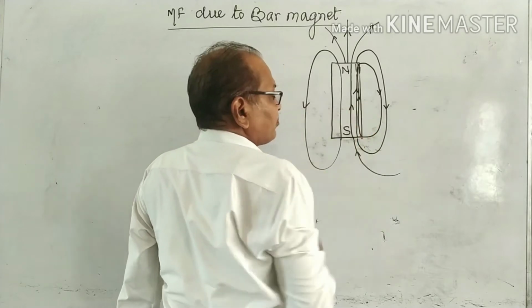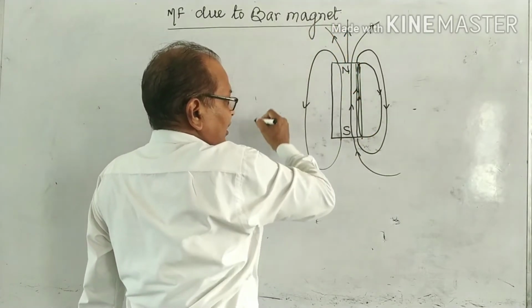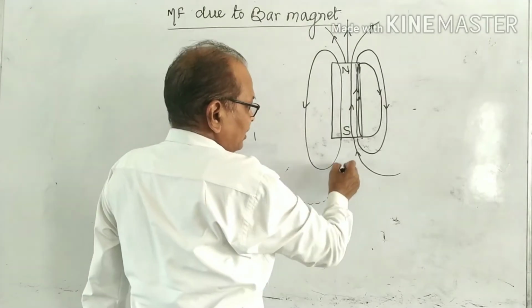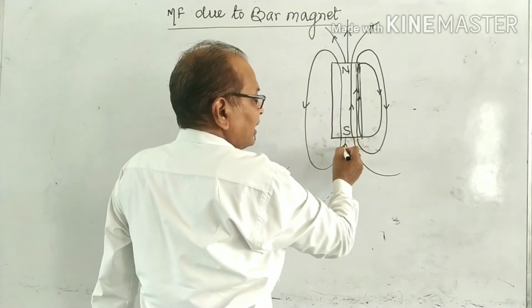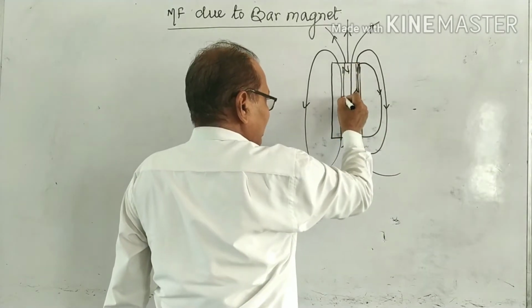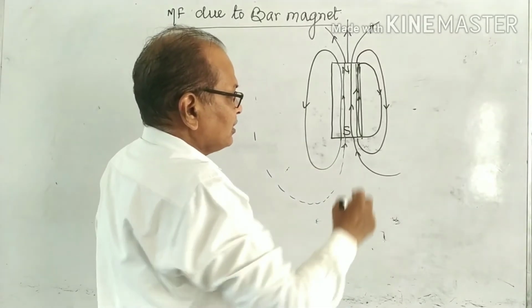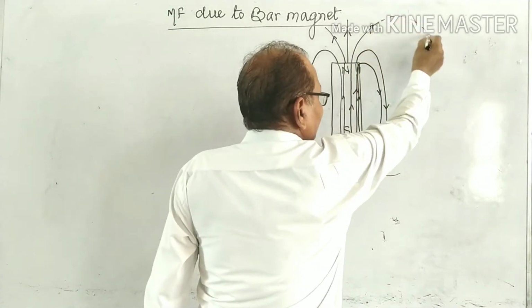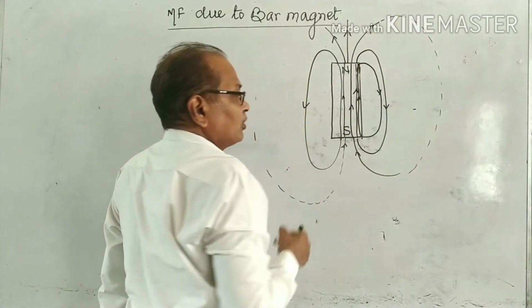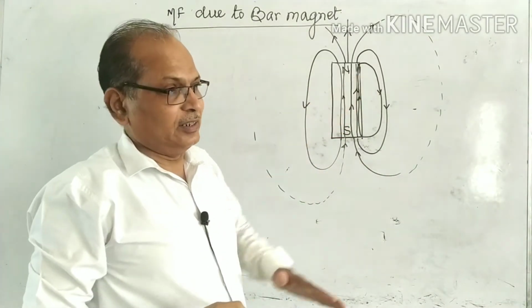Again this magnetic field line will go like this, and finally it ends over here, ends at south, and again from south to north like this. So all these magnetic field lines will come out from here and end over here. So all these are the magnetic field lines.